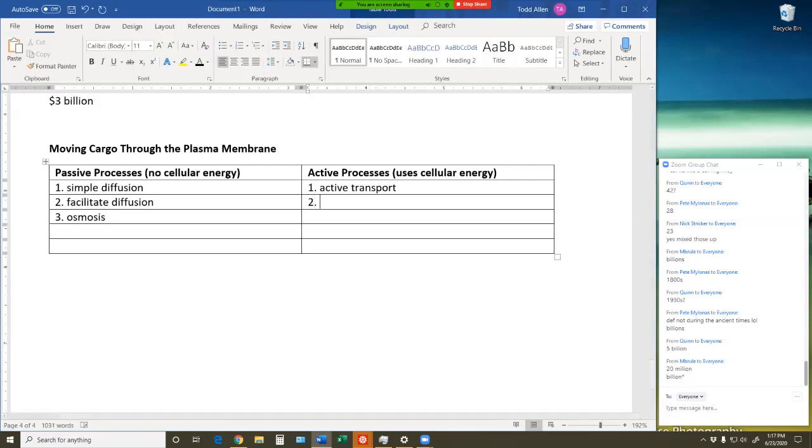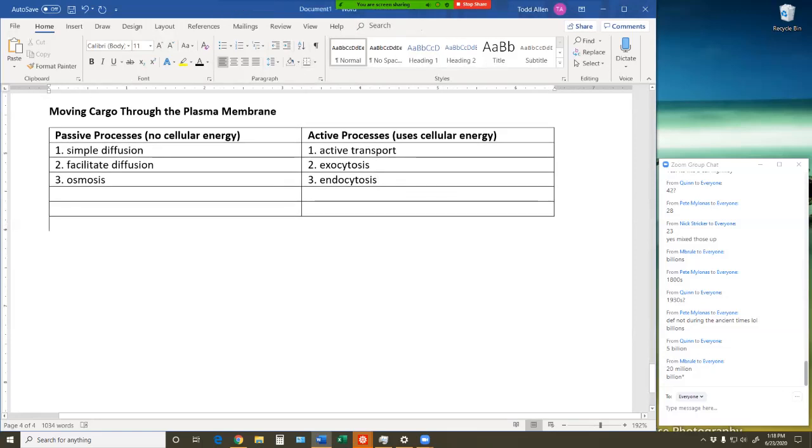And then we have things that are involved with moving huge, huge cargo that would include exocytosis and endocytosis. And I may not have time to go into all of these things, but your book does talk about them, right? Anything I don't talk about but is in your textbook is fair game for exams. Okay? So let's talk about the passive processes.